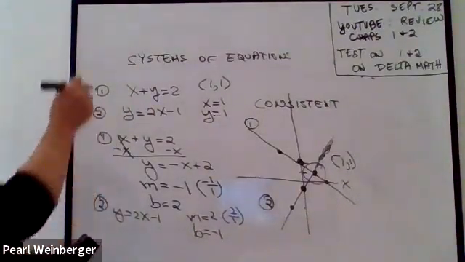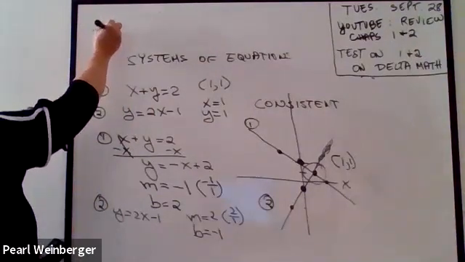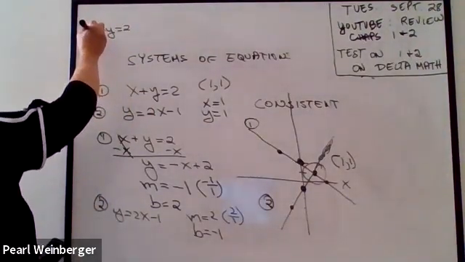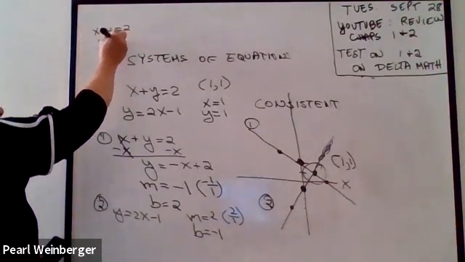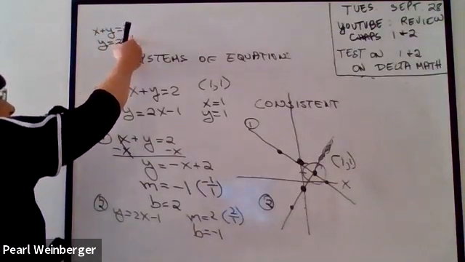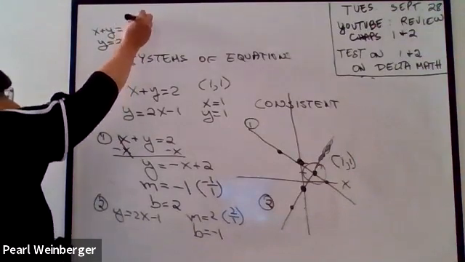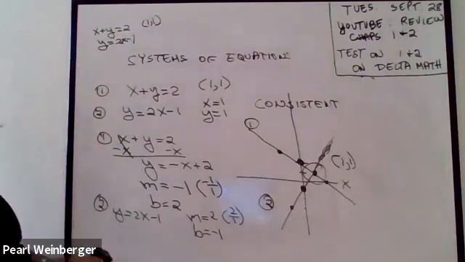Okay, I'm leaving this system of equations up here because I'm going to do it a different way in a few minutes. And just reminding myself the answer that came out was 1, 1. Okay, let's just keep that as a guide for us.